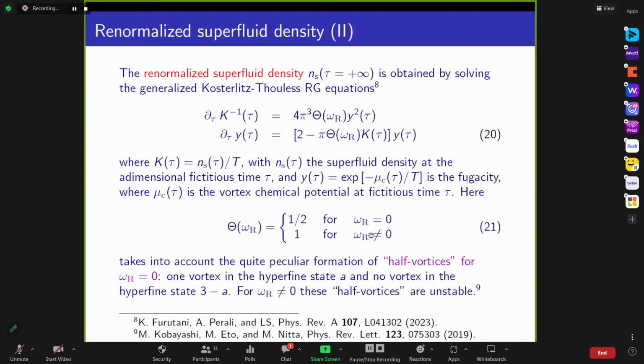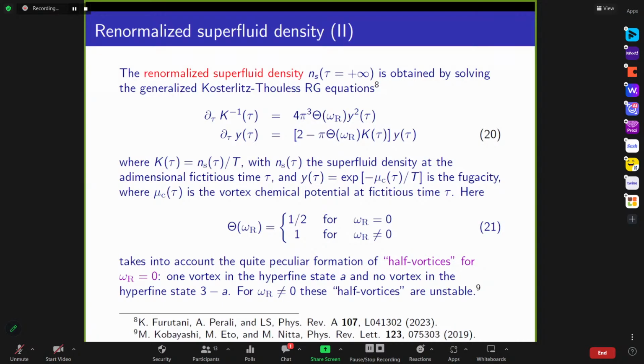What is important to stress is that this 1/2 that appears in the equation takes into account that in the special case of Rabi frequency equal to 0, it is also possible, and actually it is the dominant contribution, the peculiar formation of half vortices, which is instead somehow forbidden with the Rabi coupling different from 0.